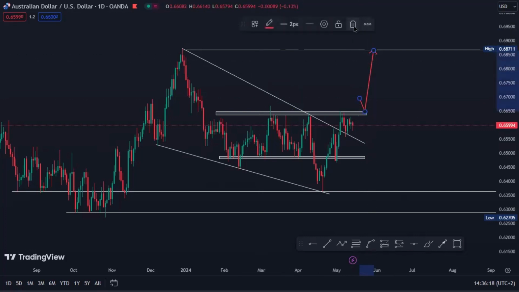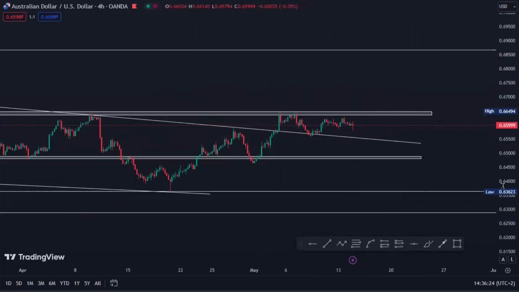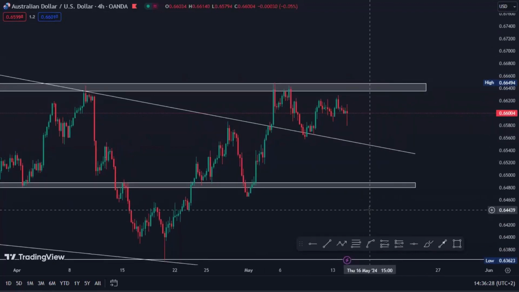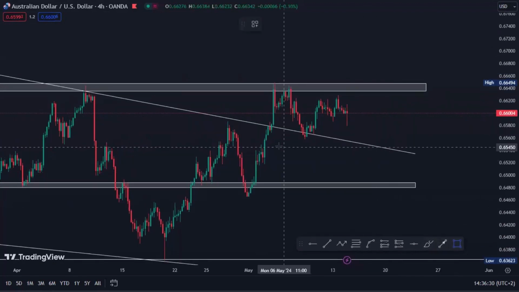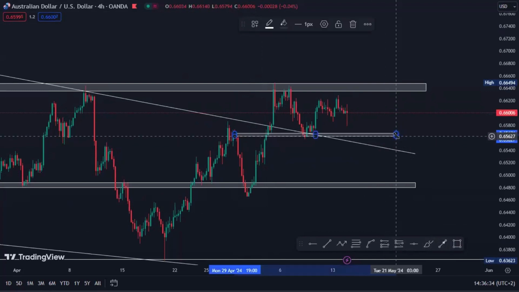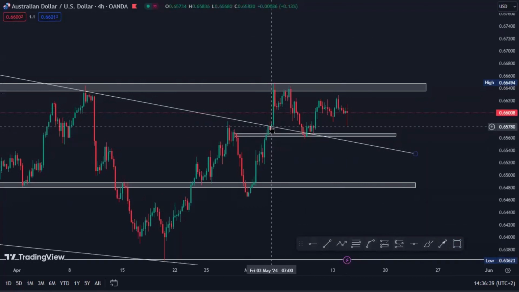All right. So let's go to H4 and see there. And let's just identify the area, which is this one, also of this area.